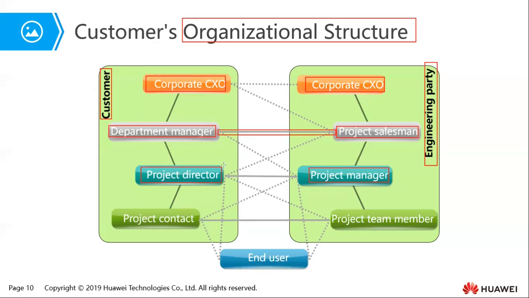Now, other than these two, we also have a project contact and also the project team member. Now, these are the people that are going to be on the ground most of the time, the project team members, and most of the time they'll have someone who will take them through the institution to show them the different parts of the institution, to show them where the hostels are, to show them where the pavilion is, to show them around.